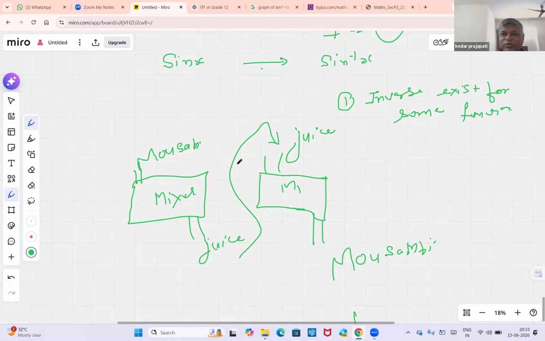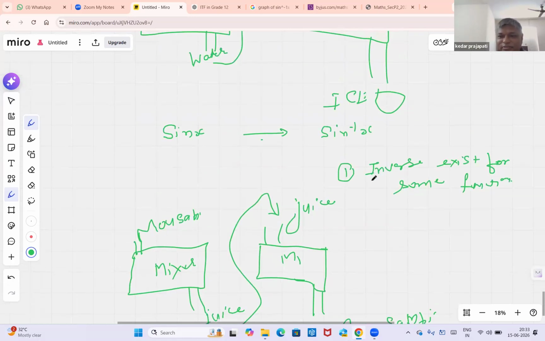So what did we learn? Inverse functions are only possible for certain functions. Inverse exists only for some functions, like sin, cos, tan, cot, sec, cosec. You can write here that inverse exists only for trigonometric functions.